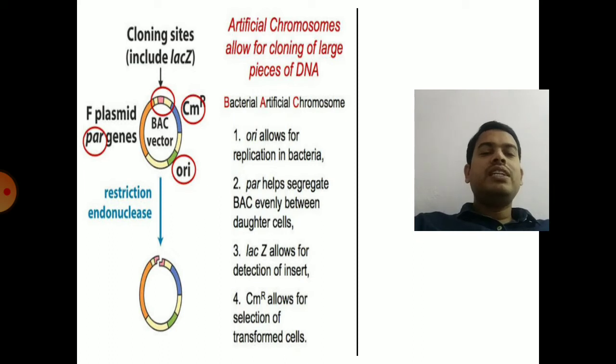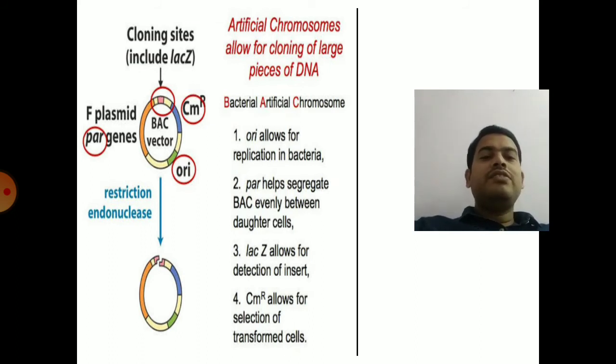So you can obtain multiple copies of your foreign DNA, and as the bacteria divide, the PAR genes play an important role in the distribution of your cloning vector between the daughter cells. That is the function of the PAR genes.